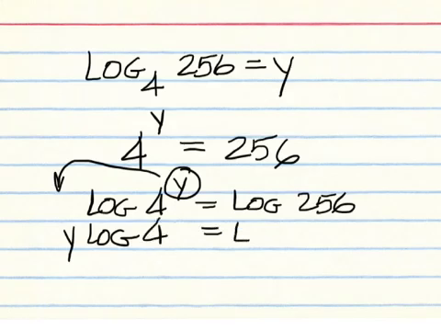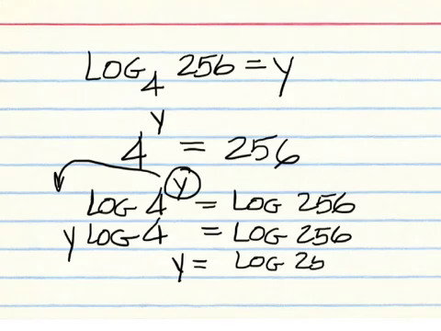So you're left with y log 4 equals log 256. And to solve for y, you divide both sides by log 4. So you would have log 256 over log 4.